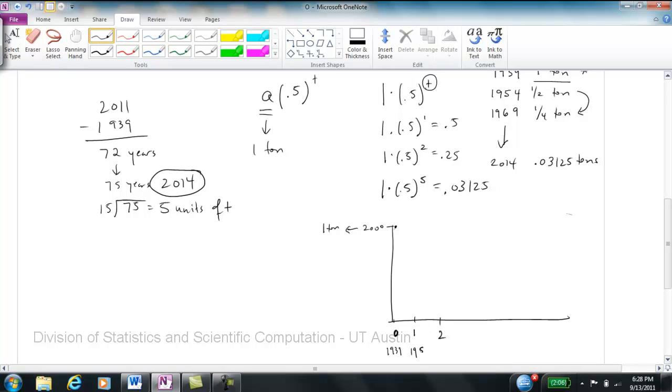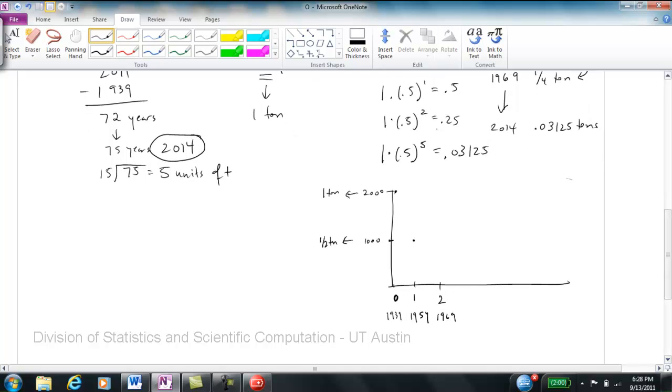At 1954, which is one time period of 15 years in, we know that we have a half-life. So that's 1/2 of a ton, or 1,000 pounds, right here. In 1969, 2 units of 15 years in, we see that we have 1/4 of a ton, which is 500 pounds, or 1/4 ton. So that's going to be right here.